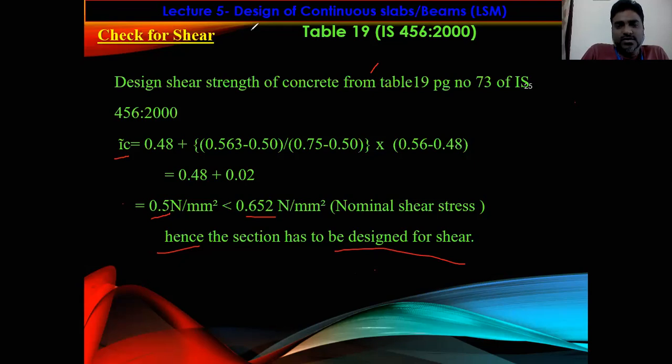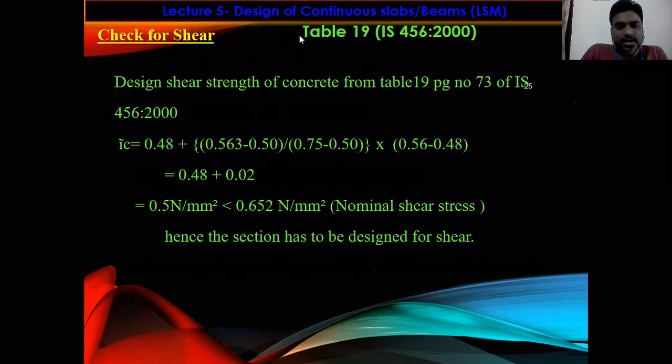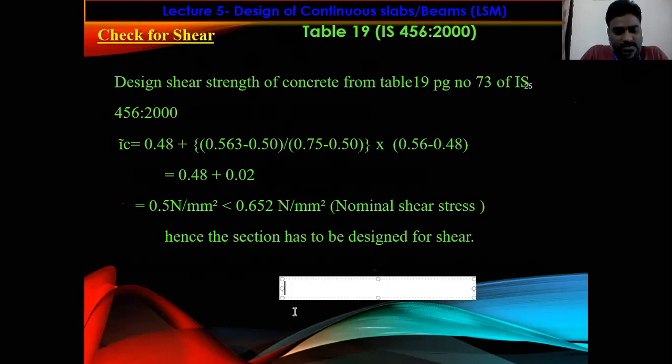So first we need to calculate the Vus, that is the shear strength. That is Vus is equal to, so just I would like to write it. So Vus equal to Vu minus tau c into bd.